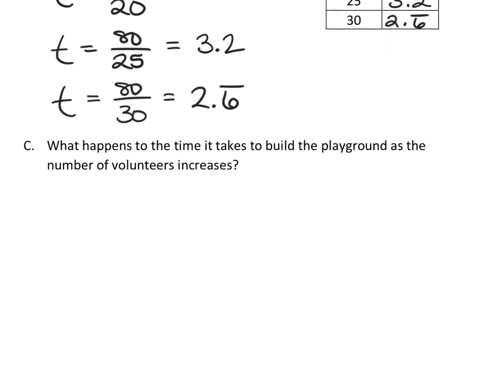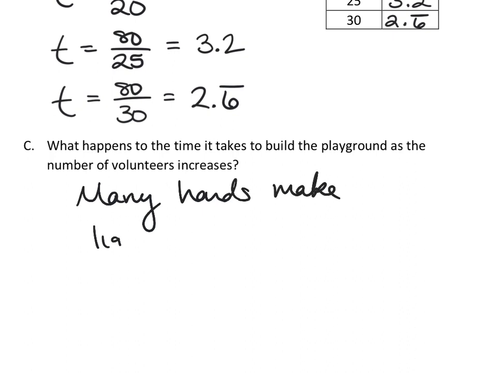This is where that old adage, my grandpa always said this, many hands make light work. Have y'all ever heard that saying? Okay, so many hands make light work. The more people we have that are helping, doesn't it go faster? So as the volunteers increase, the time does what? It decreases. Yeah, it gets faster.